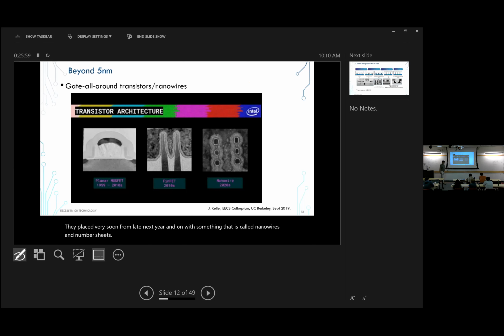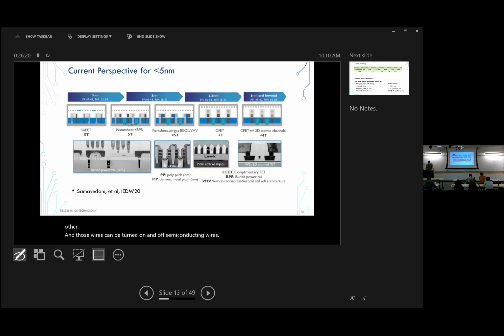The basic premise here is, instead of trying to make these things taller and taller, technology people are going to turn the fin on its side. And those wires can be turned on and off, semiconductor wires. So here is how the current roadmaps look.